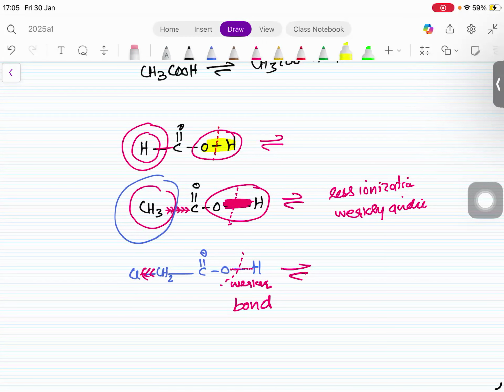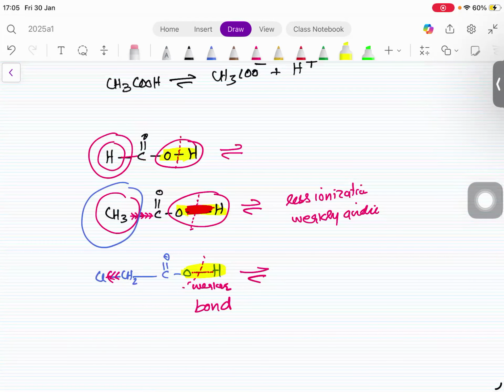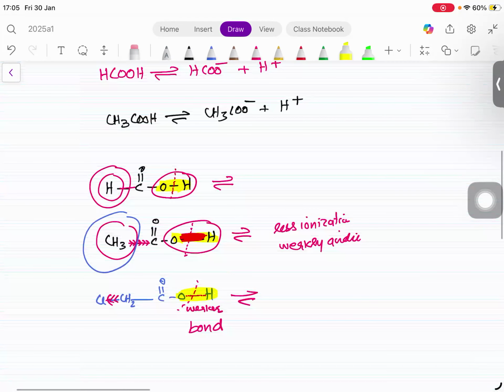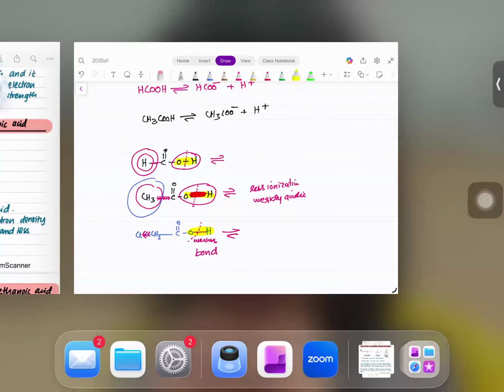Now, again, you are distracted. Just stay on this bond only. Just forget about anything else. So what did we say? The strength of the OH bond is going to decide what type of acidity it is going to be. Okay? Now, coming back. Look. So, for example, here.